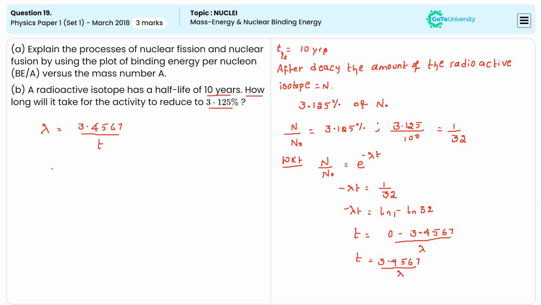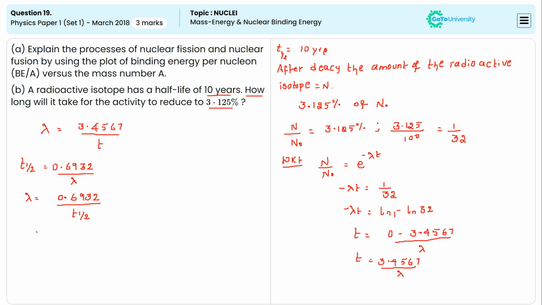Then t half is equal to what? t half is equal to 0.6932 divided by lambda. Then lambda is equal to 0.6932 divided by t half.